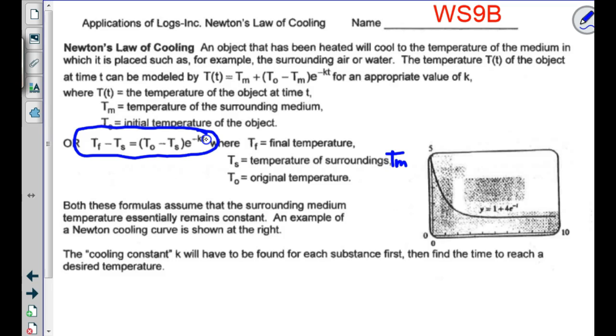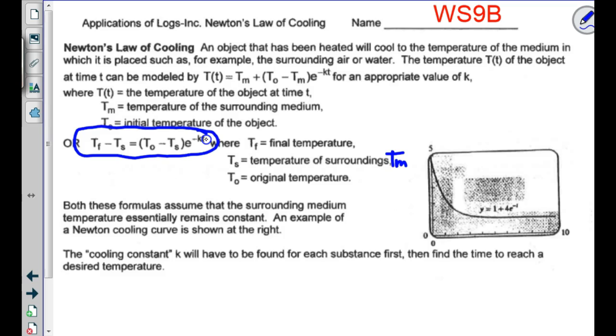Now, I will tell you, this formula ignores any effect on this surrounding temperature. In other words, if I took a pizza out of the oven and put it on top of the stove, does it really change the temperature in the kitchen? Not much, right? The fact that we had the oven door open might change it a little.